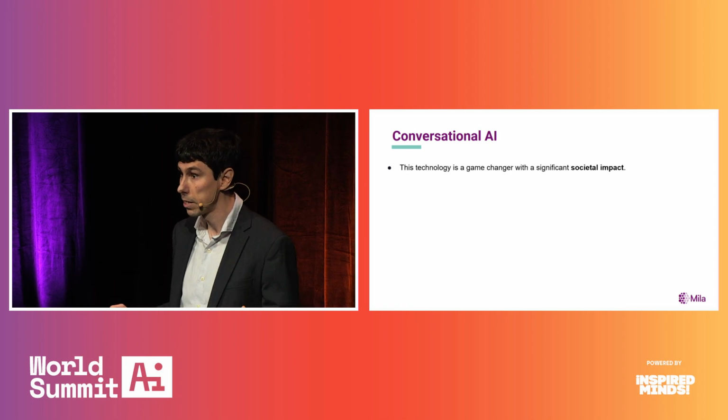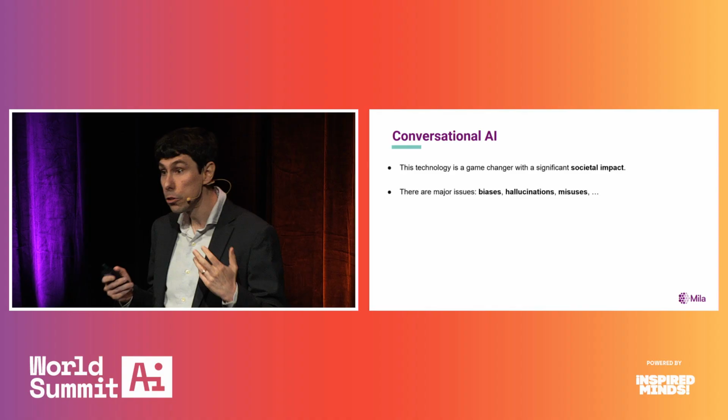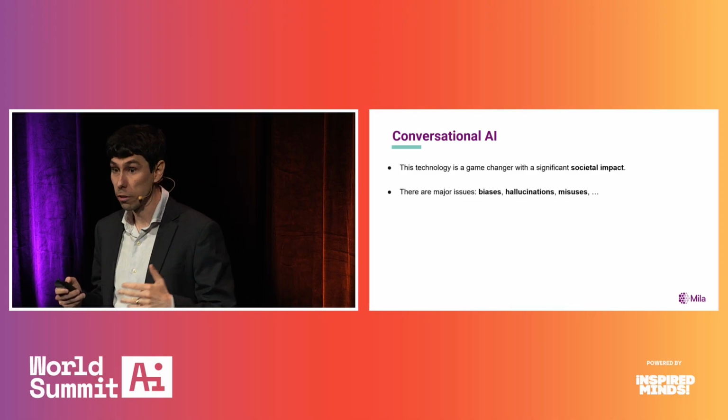We are all very excited, but we are also well aware that there are many possible harmful things. So also here today and yesterday we discussed possible issues, like biases, hallucinations, and tons of possible misuses.